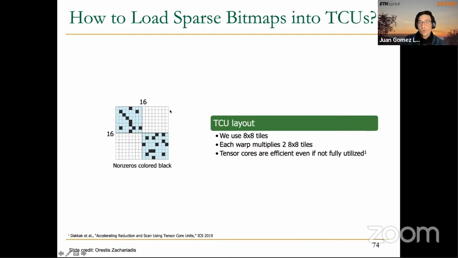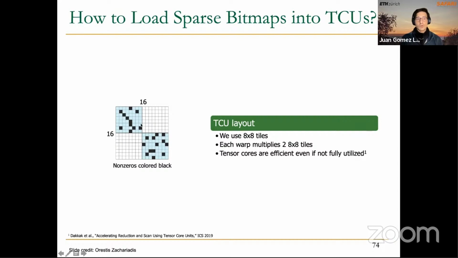So the way that we are going to map these tiles onto the tensor core units is in a similar way as this. We're going to use 16 by 16 large tiles, let's say, but then internally in each of these 16 by 16 tiles, we are going to use two tiles of 8 by 8 elements each.